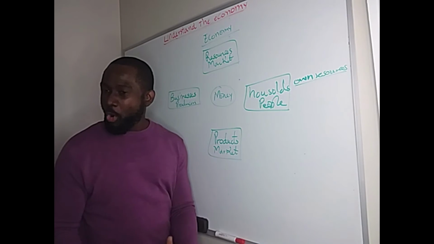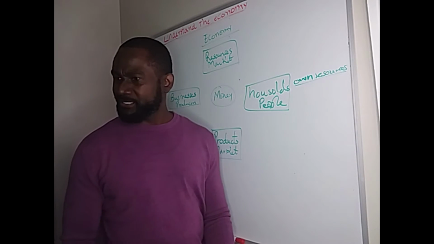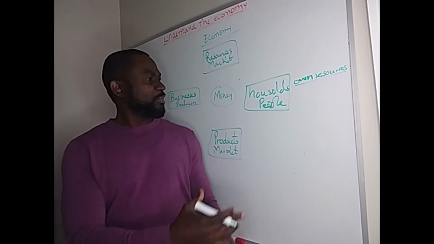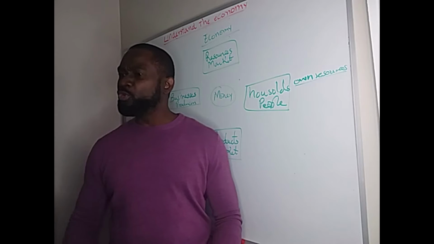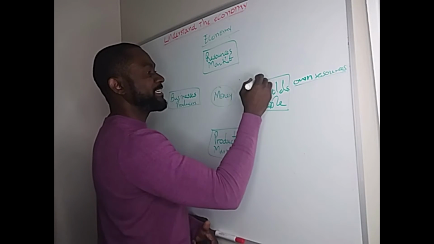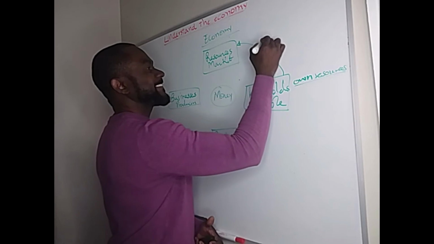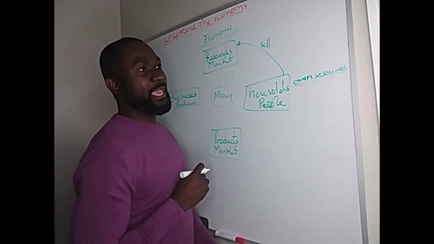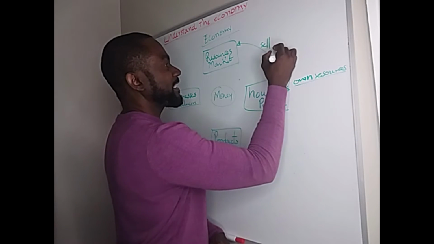People own resources. If you have a lot of resources, you can't consume all of them, so you need to get rid of some. The people in the economy go to the resource market and sell the resources.